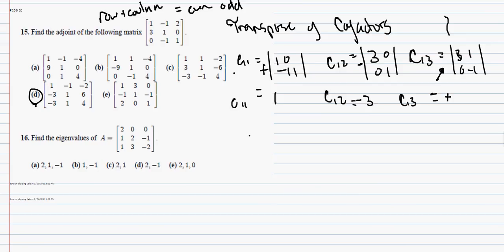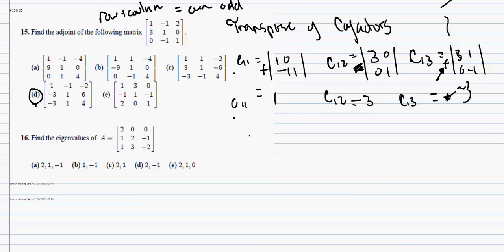C12 is in row 1, column 2, which adds up to 3. That's why C12 is negative. C13 is in row 1, column 3, which is 4, and that's positive. So C13 is actually negative 3.